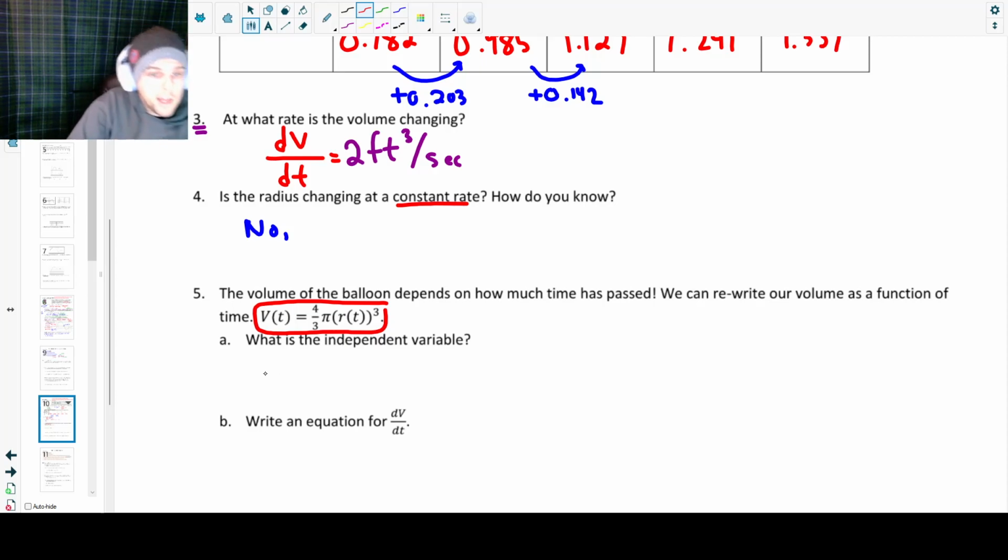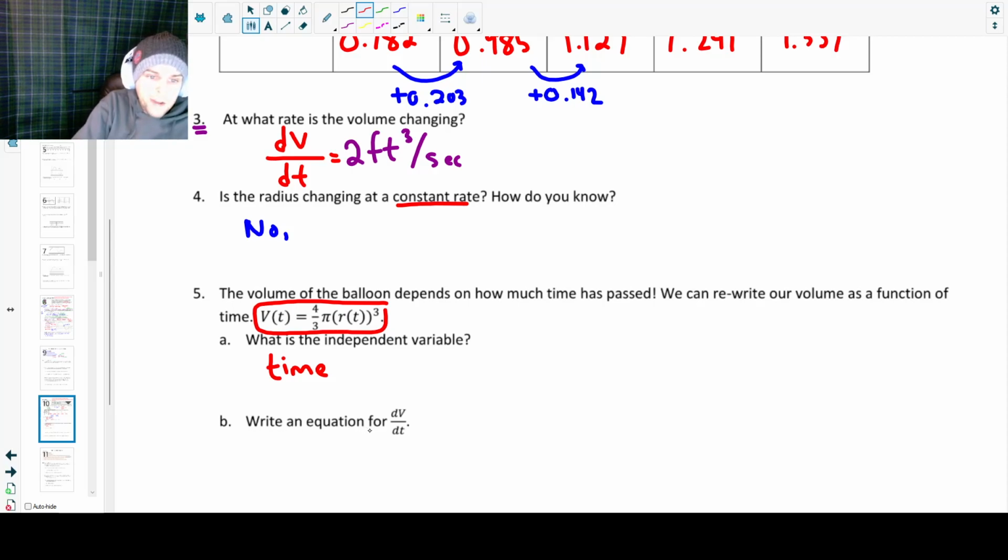In this situation, we have an independent variable of time. In related rates problems, time is very often going to be our independent variable. Most of our rates are going to be per time. This is pretty common, but something to be aware of. So we have a volume that's changing based on time and a radius that's changing based on time, and we're going to compare and see how these things are related to one another.